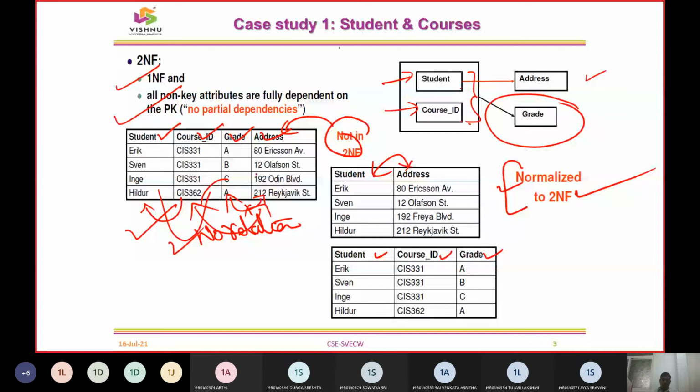You can see that there is no relationship between address and course, right? So we can't put address and course together. My hometown address and my course, DBMS and Bhimavaram, is there any relation? There is no relation. But student name and his address, is there any relation? Yeah, which place you belong to. Therefore, whatever attributes are related, we are going to put into a single table.